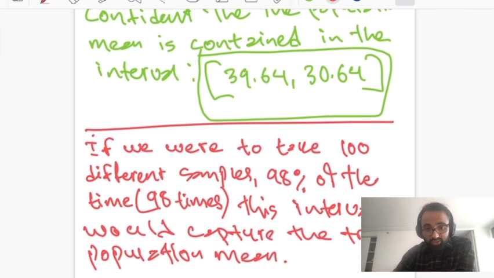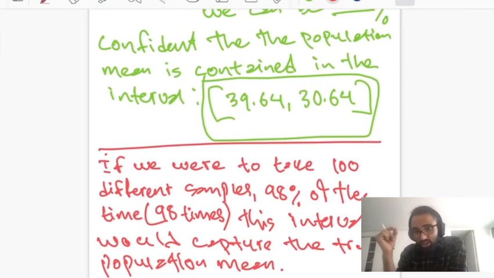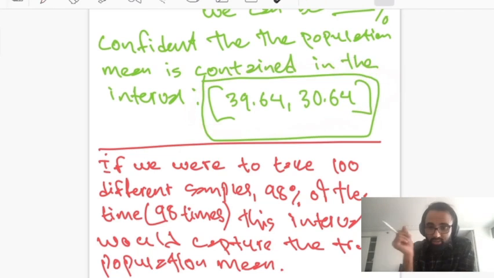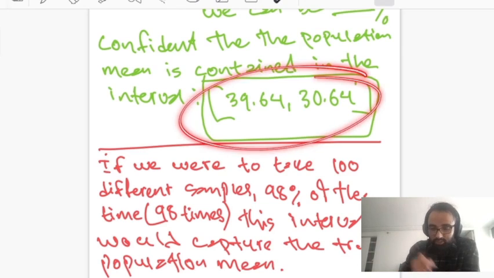All right, so what that essentially means is that if you were to repeat this experiment over and over and over, like 100 different times, each time getting a different sample, you would have a different sample mean. But if you were to construct a 98% confidence interval, which would happen to be these two numbers, what you can say is that 98% of the time, or 98 different times out of 100 times that you sample, the actual true mean would be within the confidence interval that you just calculated right here.